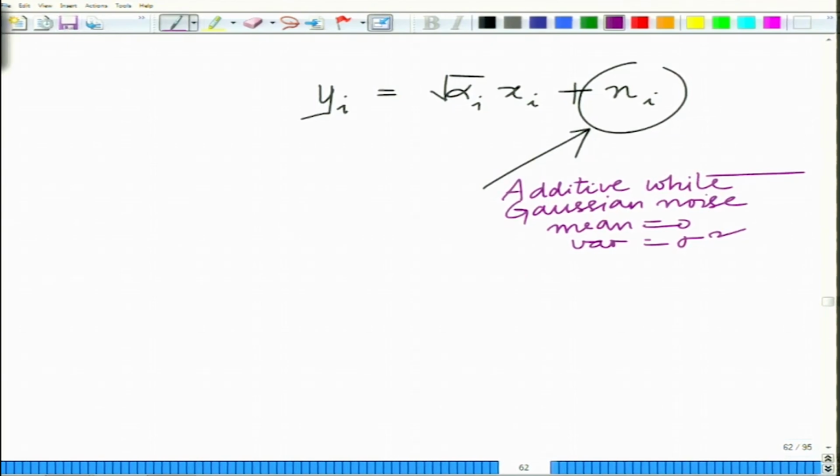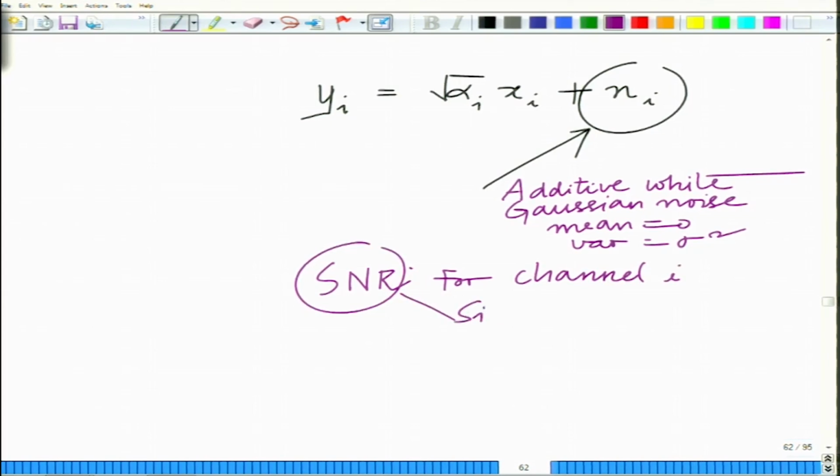And so what we have is basically, if you look at the SNR for channel i, SNR is nothing but the signal to noise power ratio.